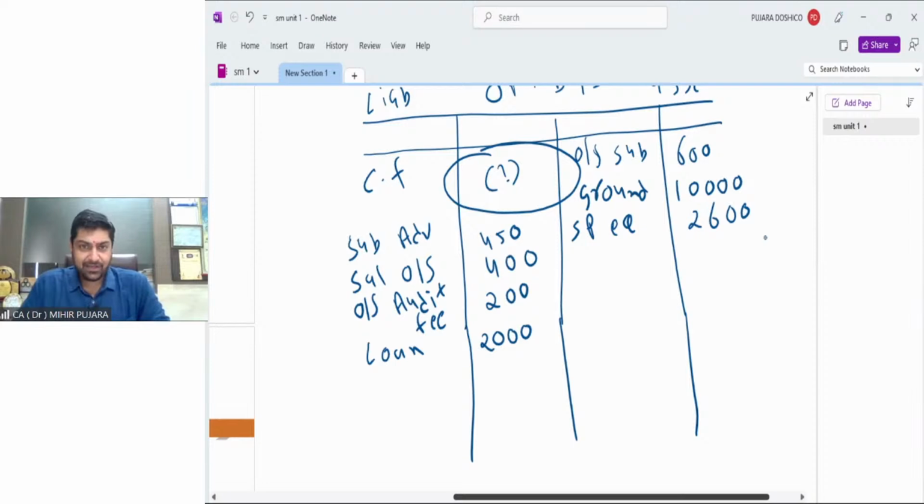You are given the closing balance of cash, but you are not given the opening balance of cash, which we need to find out from the RNP. When we prepare the RNP, we will get the opening balance of cash, and that opening balance of cash we need to write here.